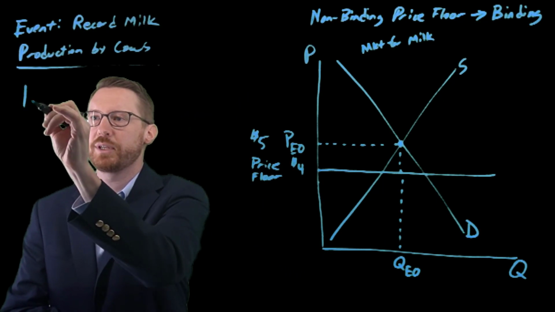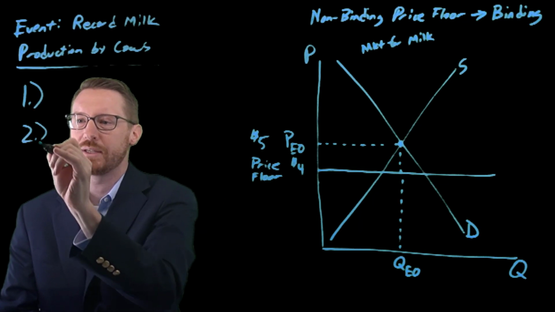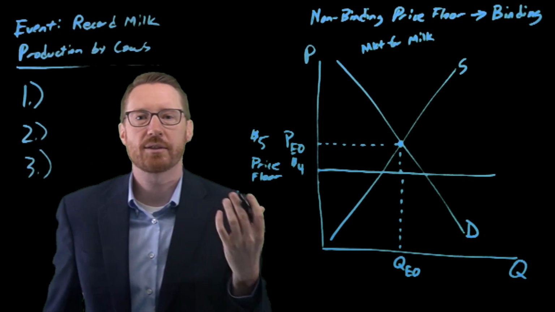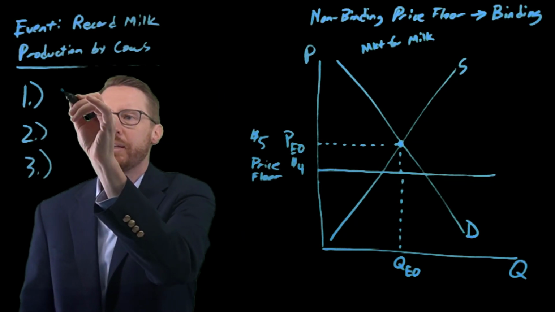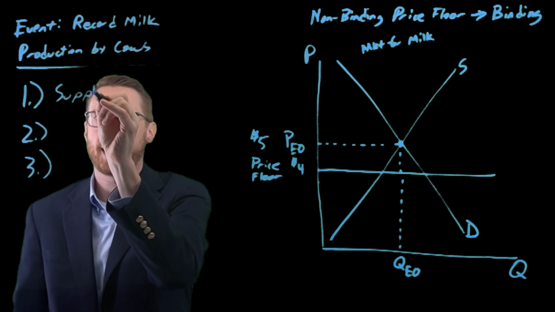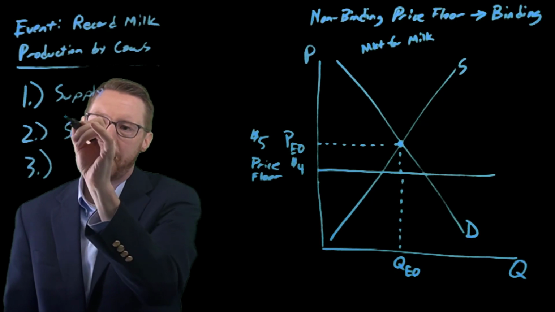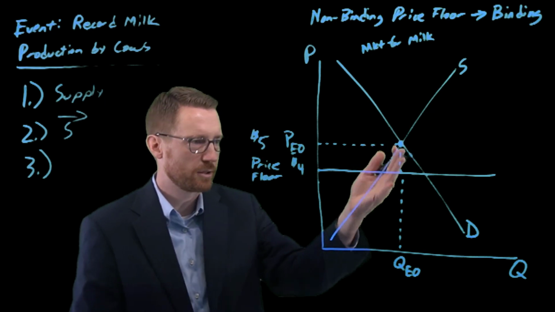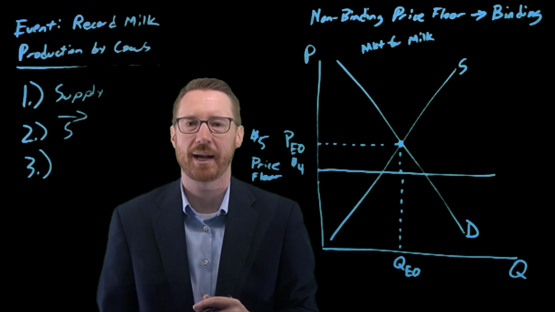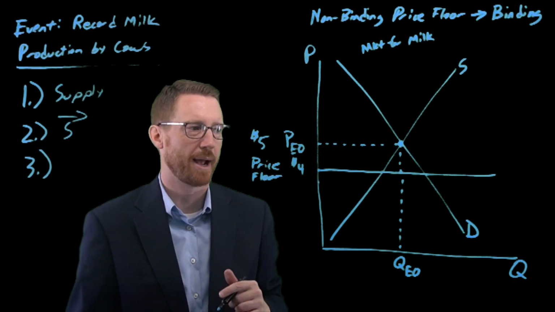All right, so using our three-step process to think about what has happened, this is clearly a story about supply. When we're talking about production, this is a story about supply. And what happened to supply? Supply increased. Okay, so let's go back over to our supply and demand diagram, draw it in, and see what happened.